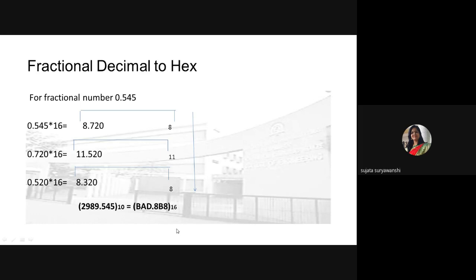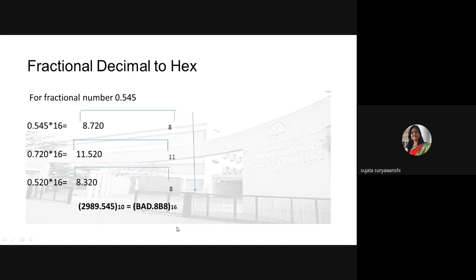Understood? Can you convert any decimal number into hex? Yes, all of you? Yes, ma'am. Okay, so convert 15.25.